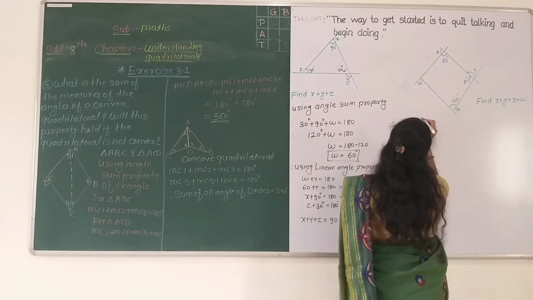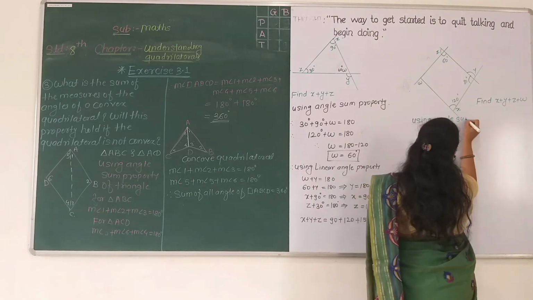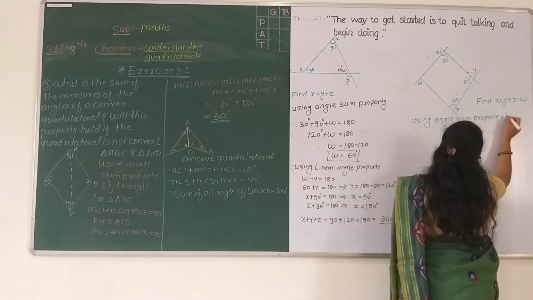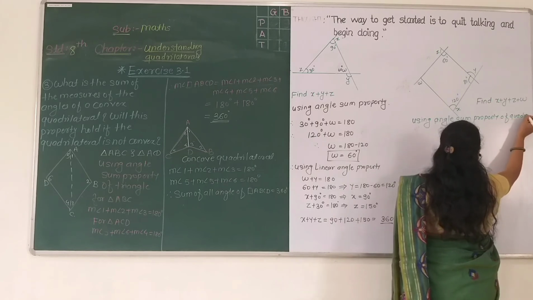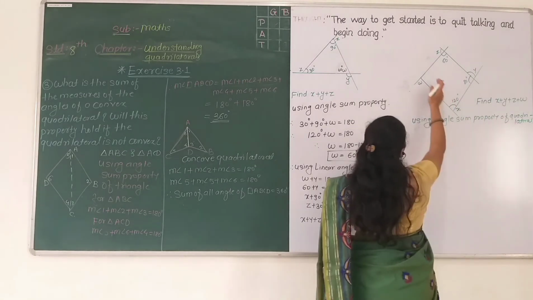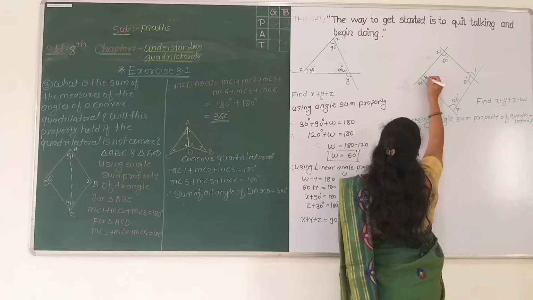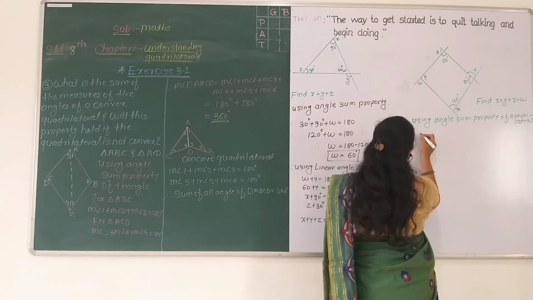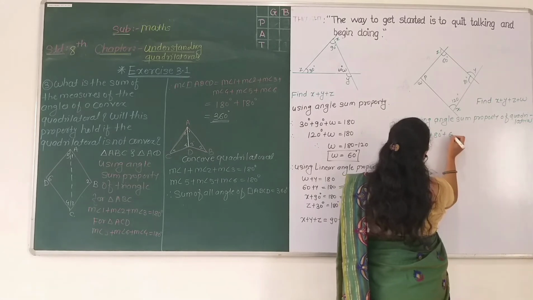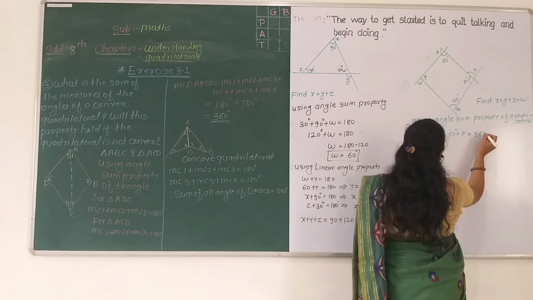So here I write, using angle sum property of quadrilateral, we can write this. I denote this angle as p. So I can write here 120 degrees plus 80 degrees plus 60 degrees plus p is equal to 360 degrees.